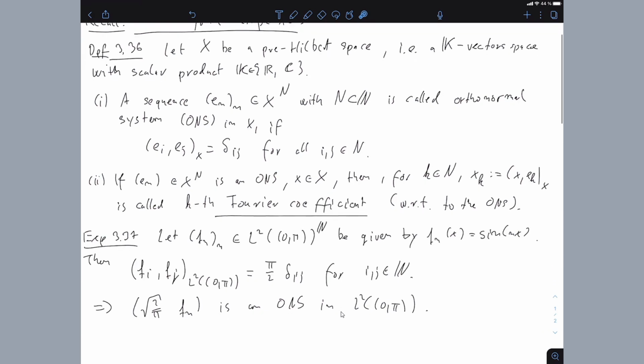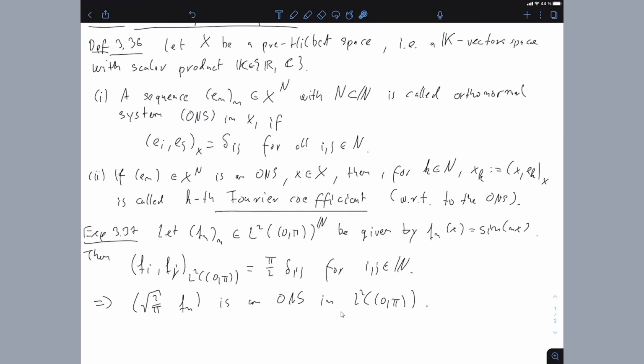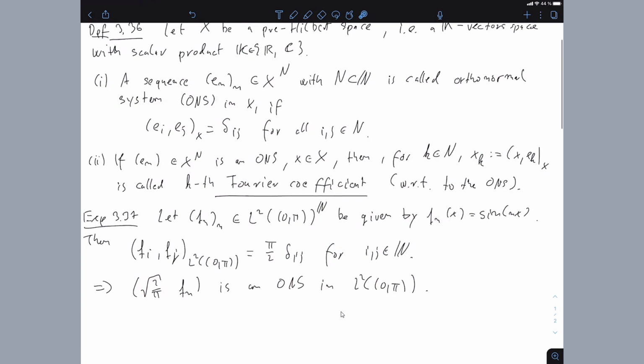And we already had a first non-trivial example of such an orthonormal system. If we look at the interval 0 to pi, so think about signals of finite length in the interval 0 to pi, then sine(nx) is exactly such an orthonormal system, at least after scaling with the square root of 2/pi.